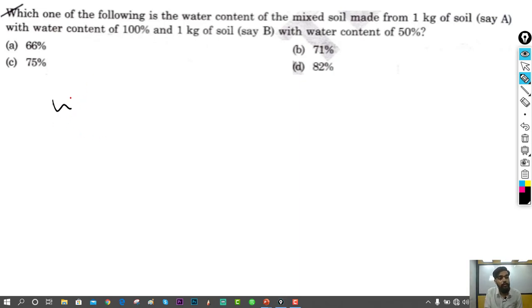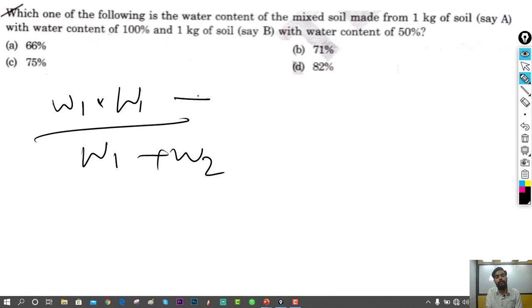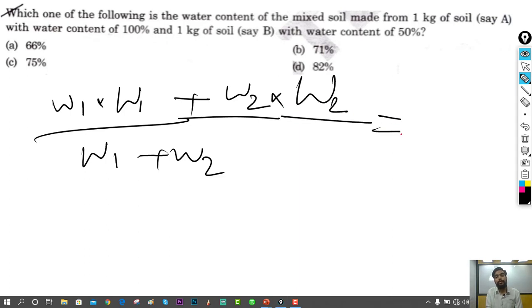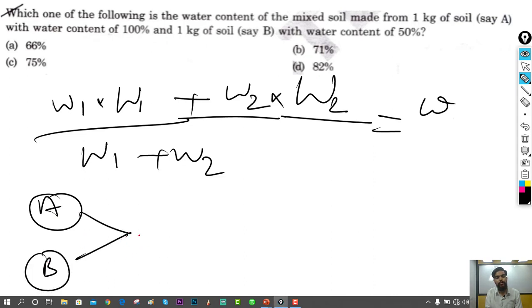The water content of A soil multiplied by weight of A soil, plus water content of B soil multiplied by weight of B soil, divided by weight of A soil plus weight of B soil. This gives the water content of the mixture that comes out by mixing A soil and B soil. So just put these values in this formula.